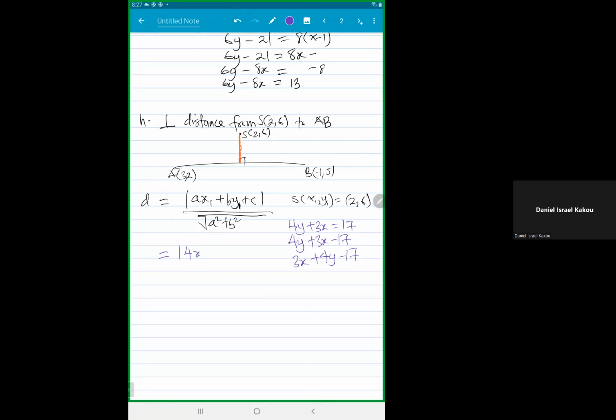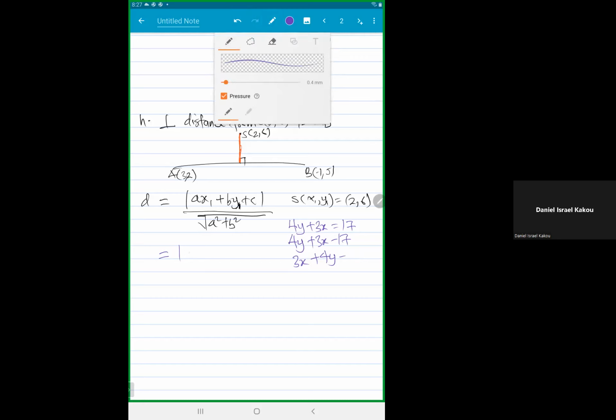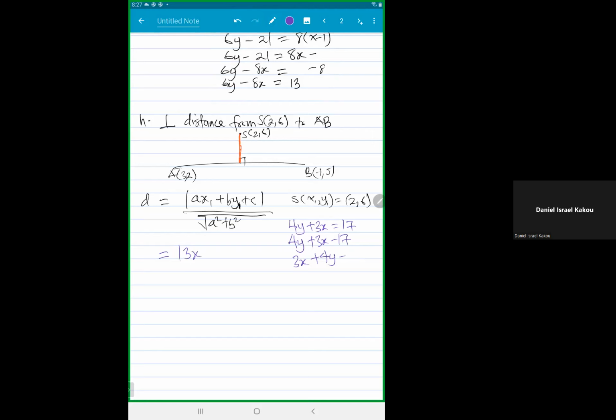So I will have 3s1 plus 4y1 minus 17 all over the square root of a squared plus b squared. And finally, I am coming to substitute the S. Wherever I see s1, I put 2 there. Wherever I see y1, I put 6 there.